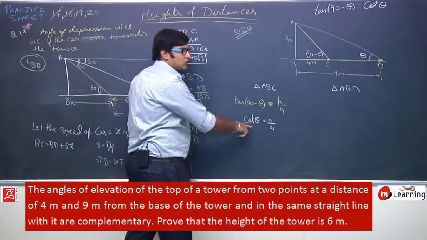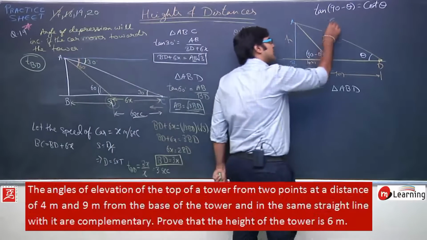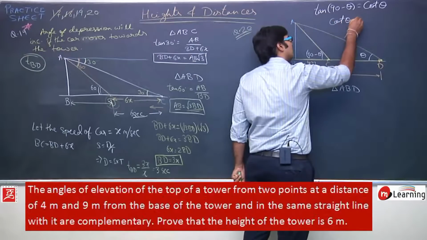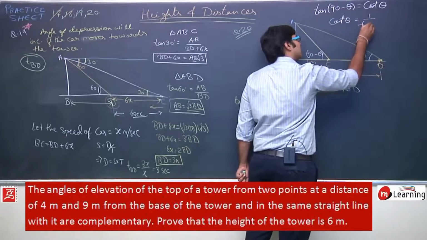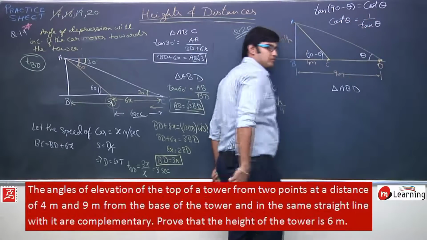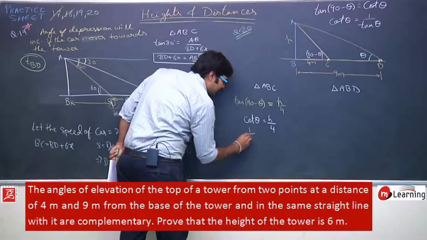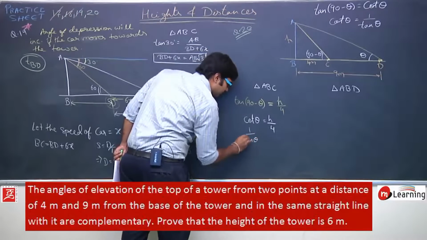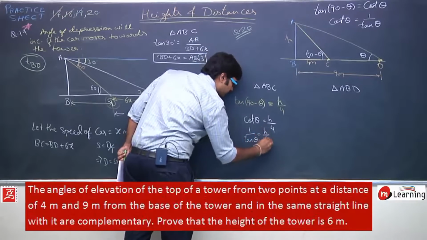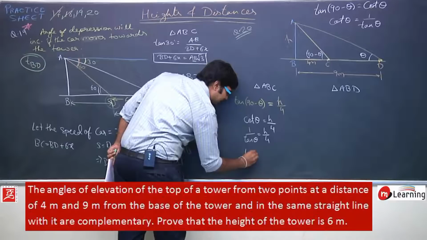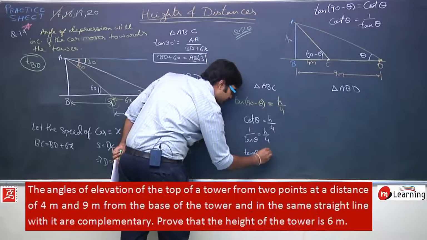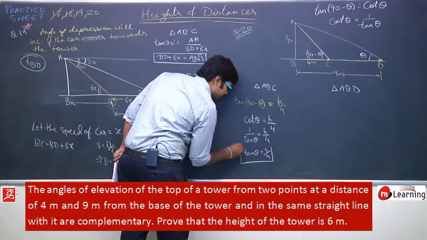It means, what is cot theta? Cot theta is 1 upon tan theta. Now in place of cot theta, I can write 1 upon tan theta is equal to h upon 4, which implies tan theta is equal to 4 upon h.